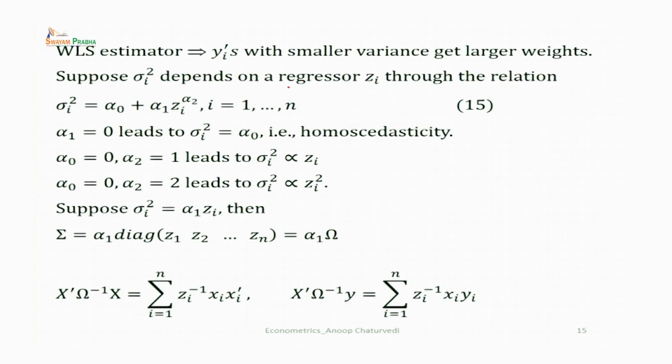Suppose sigma_i squared depends on a regressor z_i through the relation sigma_i squared is equal to alpha_0 plus alpha_1 z_i to the power alpha_2.